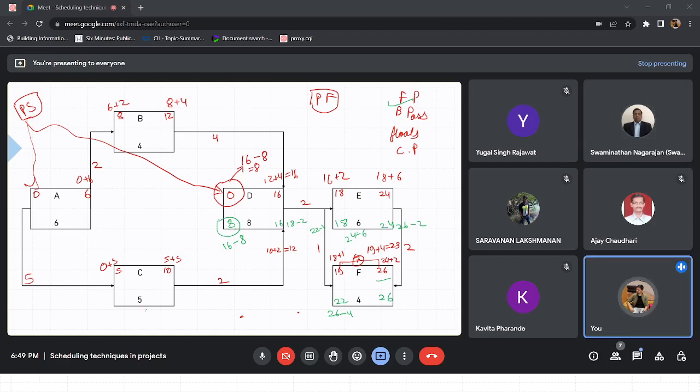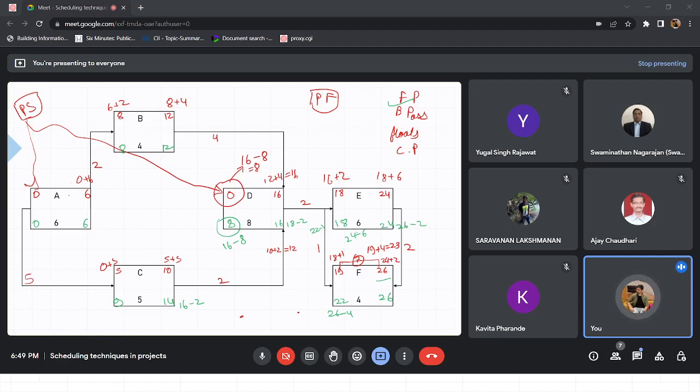Similarly, let's try to complete the rest of it. 16 minus 2, 14. This only one backward relationship, 9. In this case, it would be 12, 8, 6, 0. Right? So this is what we get.